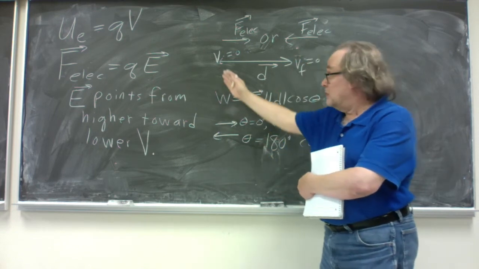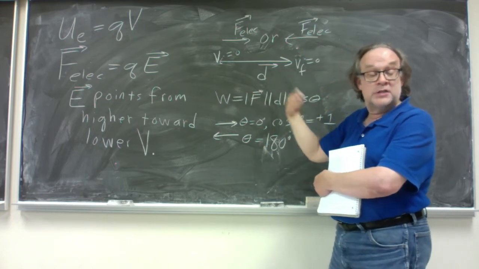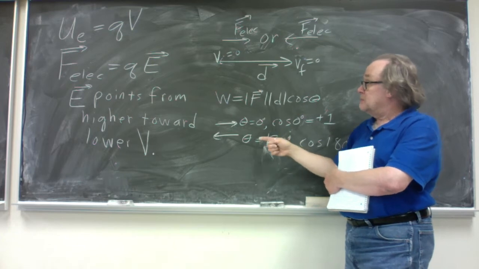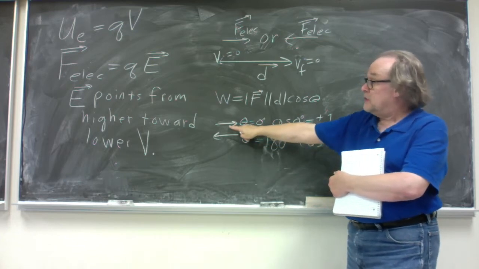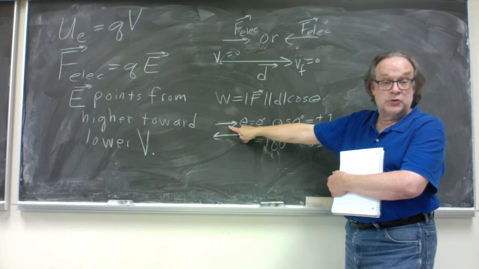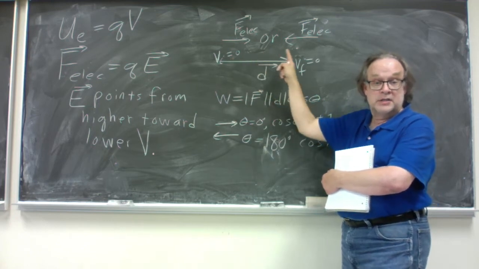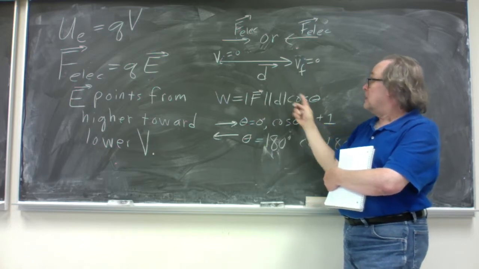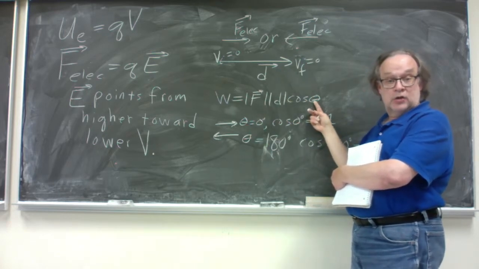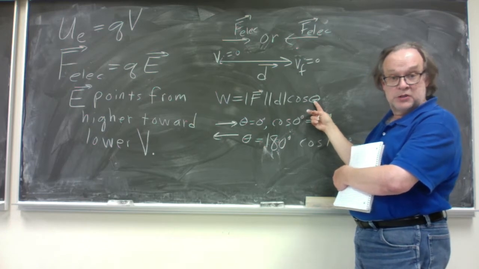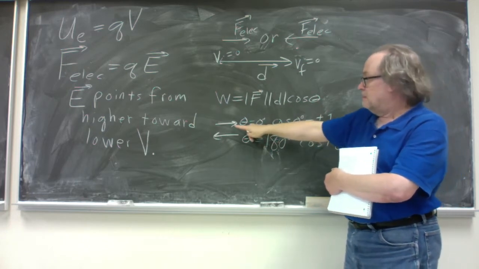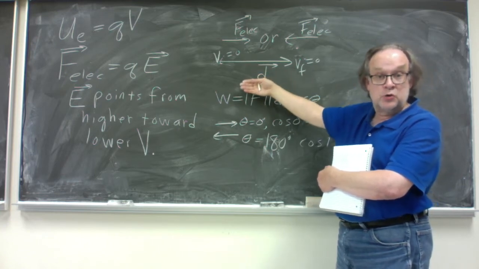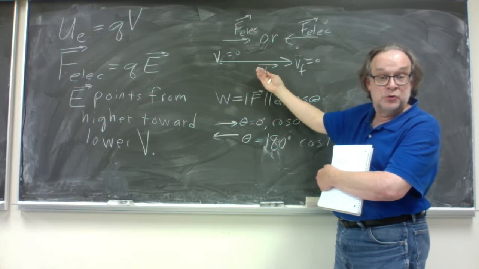And of course, while this thing is moving and feeling a force, that means work is done. Here's our rule for work. If that electric force points to the right, in other words, same direction as the displacement, then this angle, which is the angle between displacement and force, is 0, because there's 0 degrees of difference between those two directions.